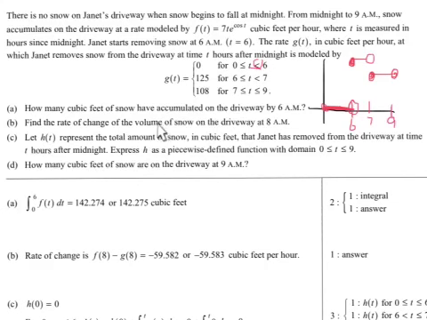Find the rate of change of the volume of snow on the driveway at 8 a.m. If I want to know the rate of change of the volume, that means the rate of volume. Aren't these two functions volume rates, cubic feet per hour? And it wants a volume rate at 8. So aren't you just going to take function f, which is accumulation, subtract what she takes away at 8, and get my simple answer?